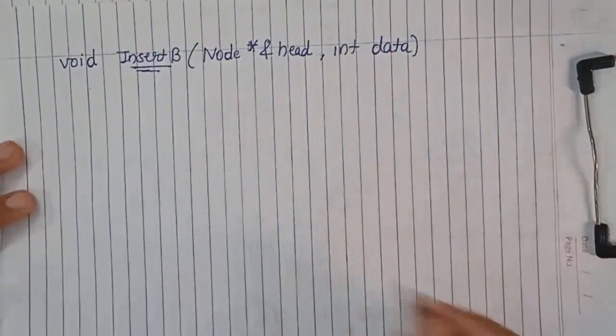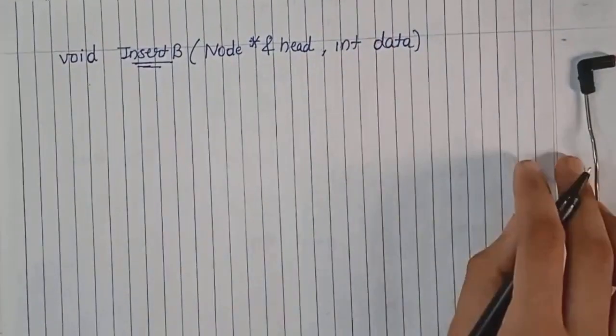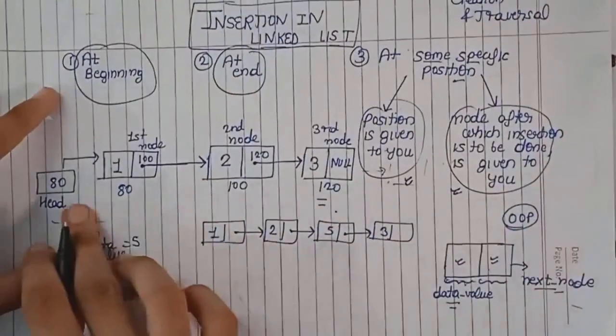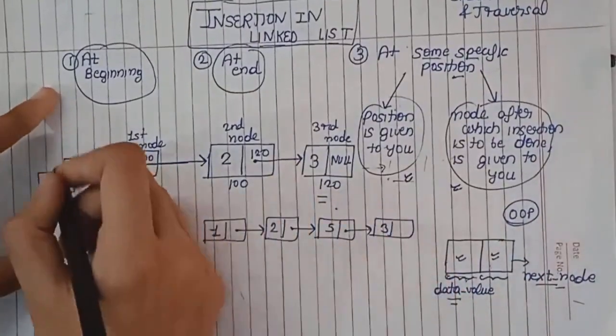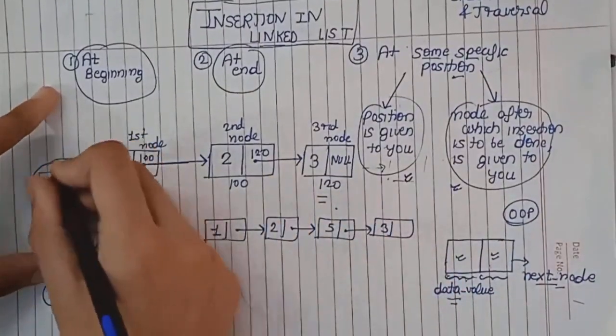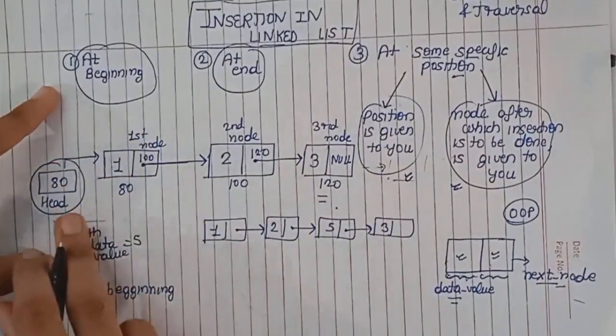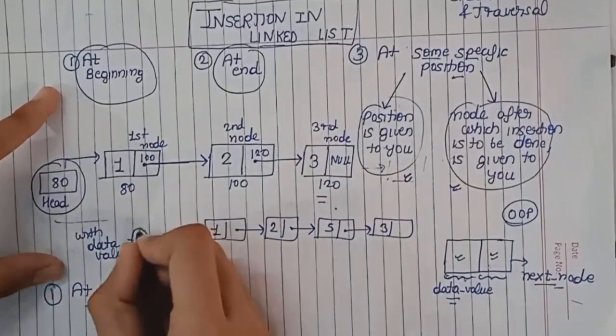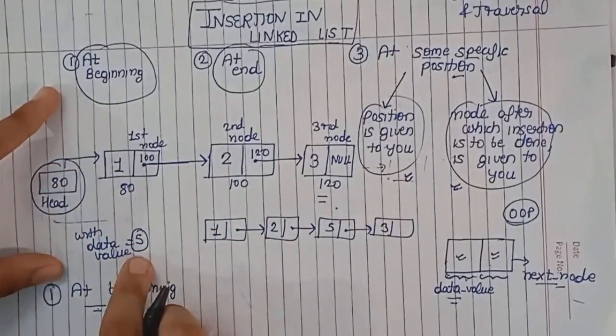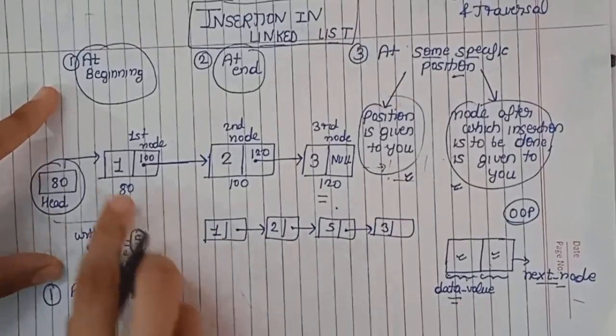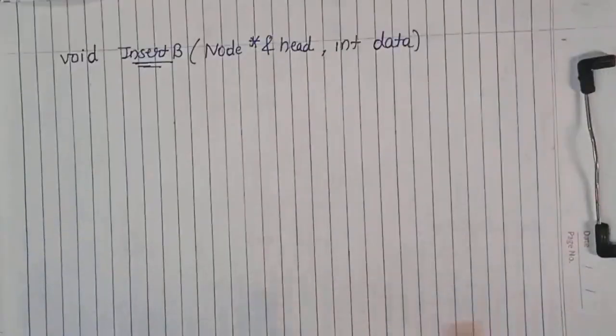That is, if this is our linked list, then I will be providing this head to my function and the data value 5 so that this node can be inserted here.